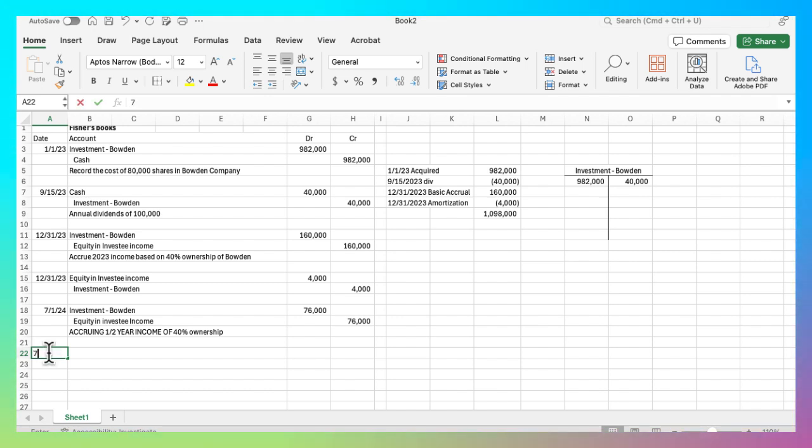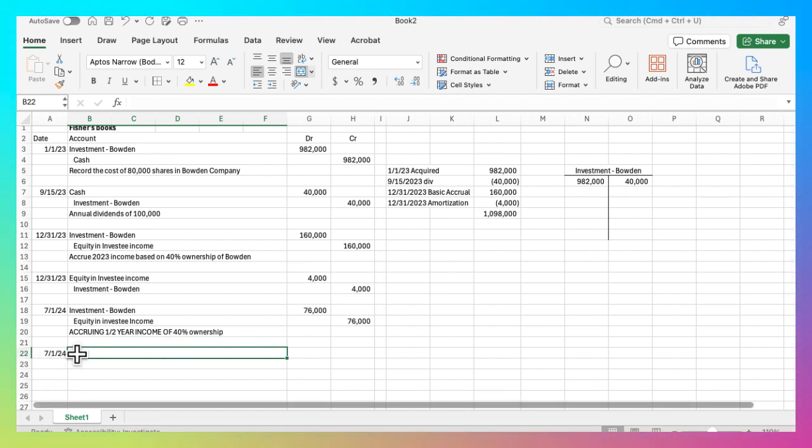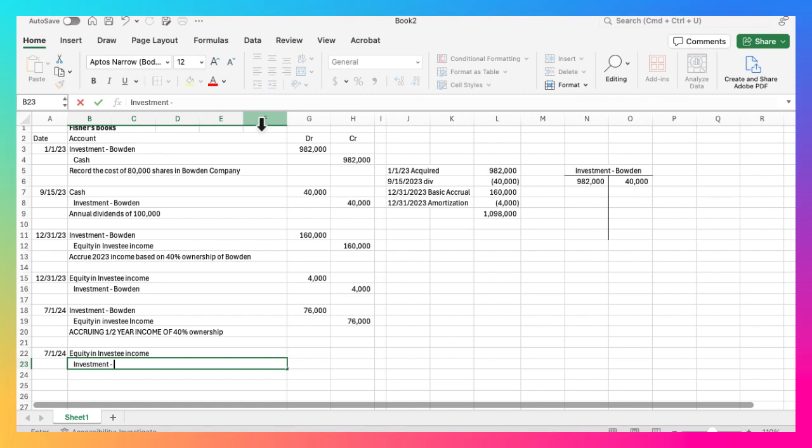So on 7/1/2024, we're going to record the accrual of amortization, specifically 1/2 a year. So remember, that journal entry is going to be a debit to equity in investee income, and there's going to be a credit to investment Bowdoin.